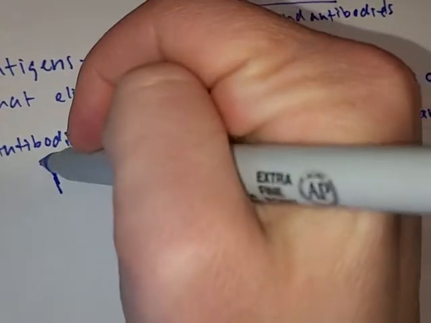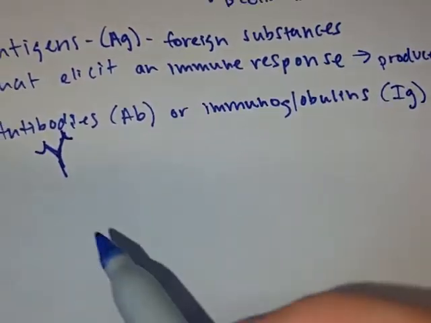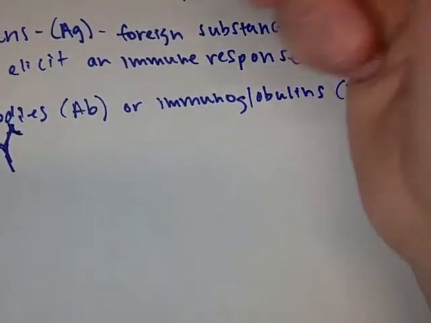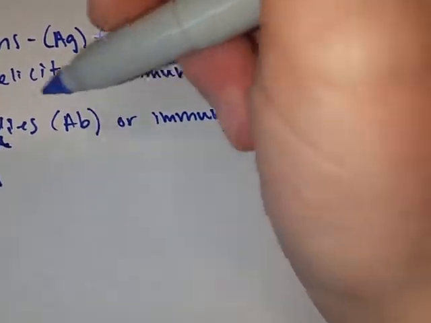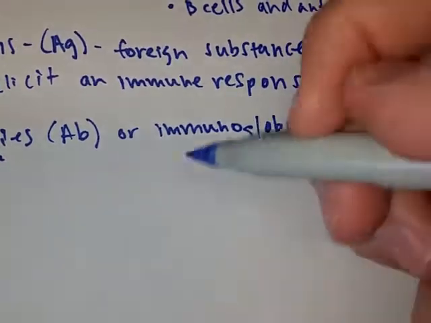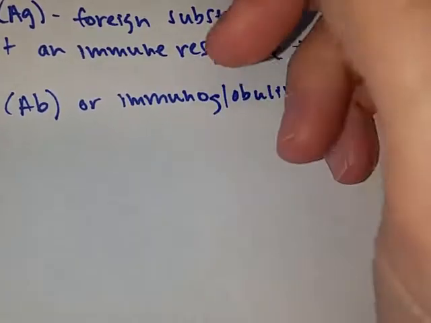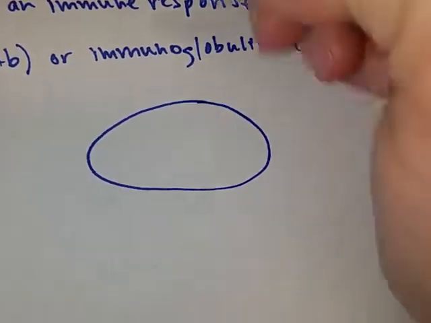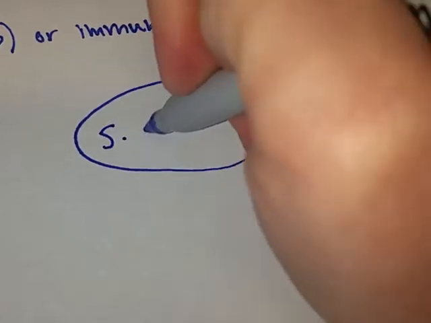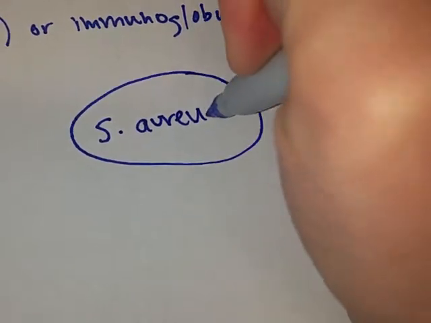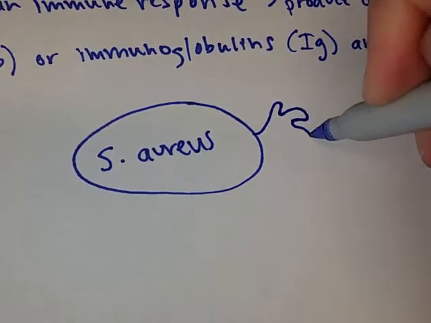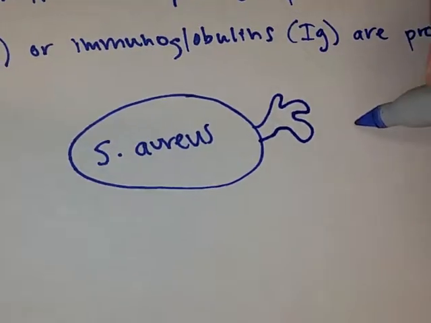Remember in lab, when we drew a representation of antibodies like this. Antibodies interact with antigen by binding to a specific epitope. What does that mean? Say it's S. aureus, just like from lab, and here's protein A hanging off the surface of its cell.